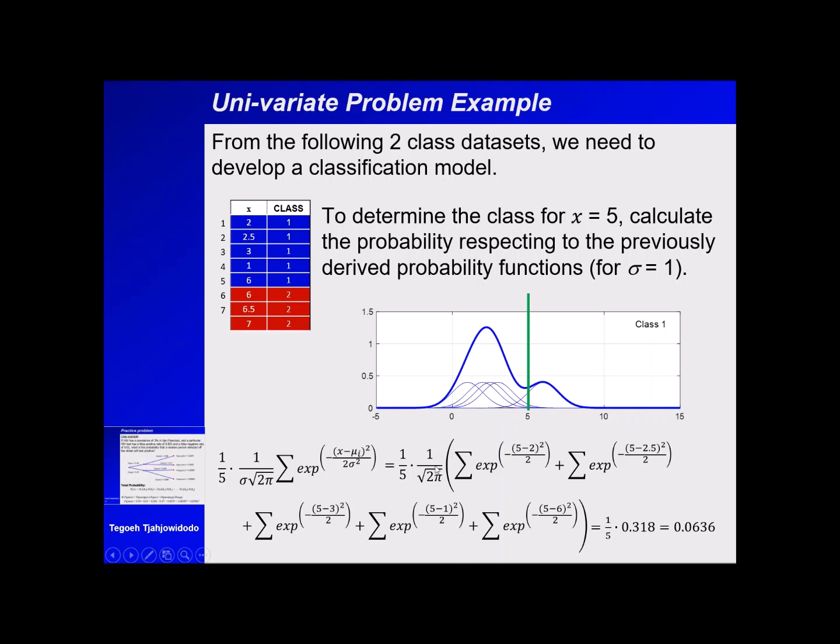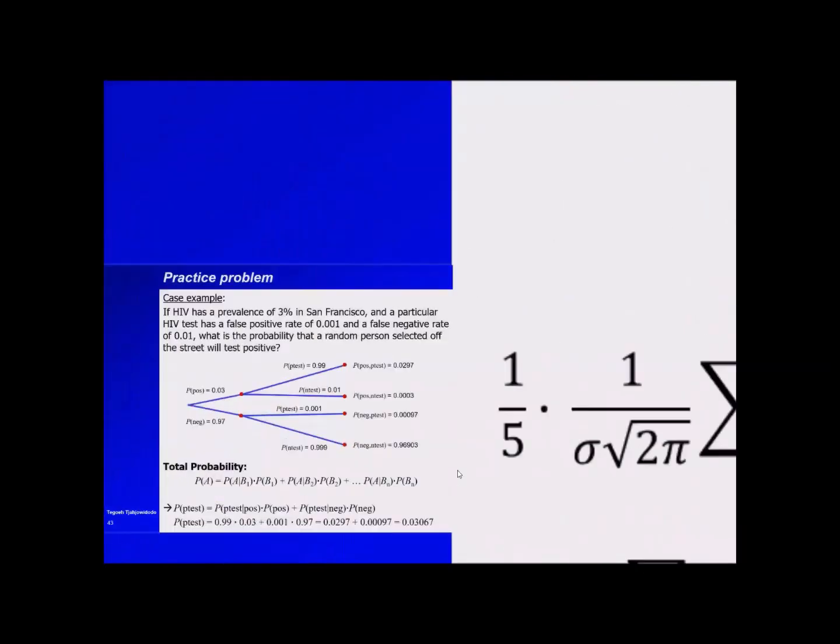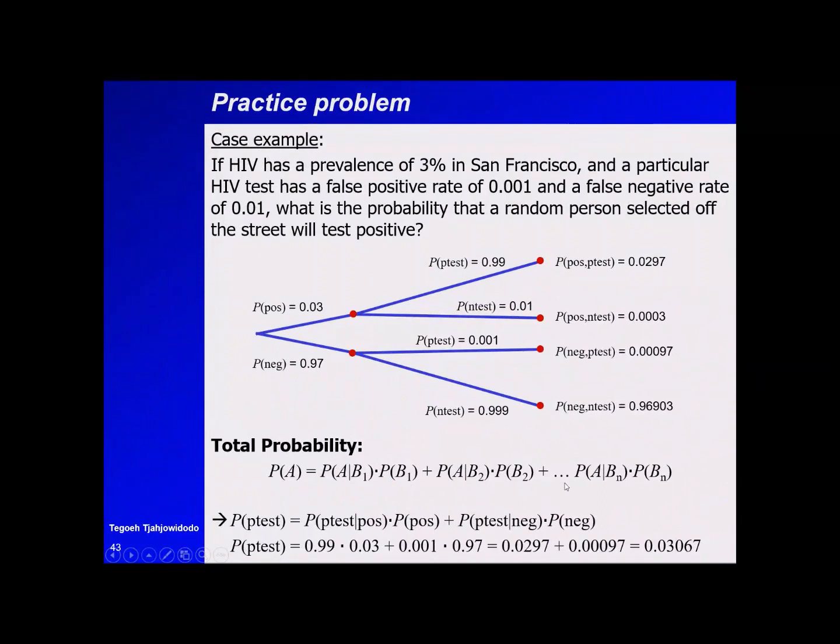but we have 5 groups here. All of them share the same probability function, so they will have the same value here, and then I have to divide it by the total probability. So nothing more, it is just an averaging, because all of these have the same values, and the total of P(B1), P(B2) until P(BN).